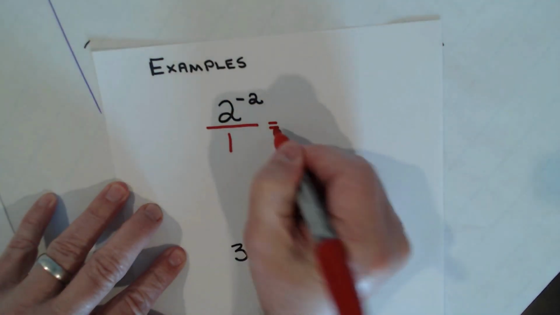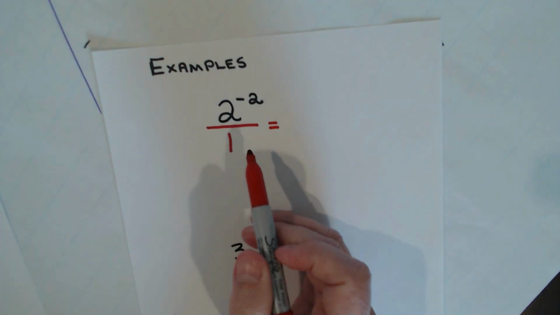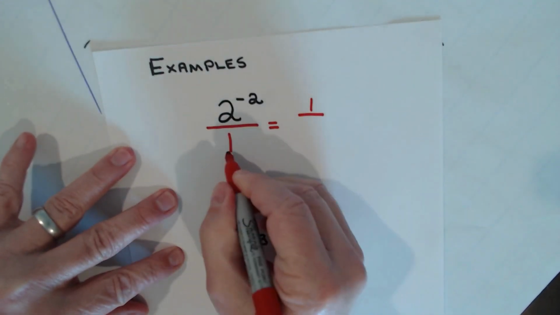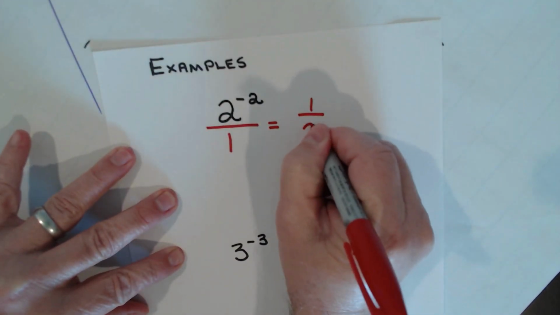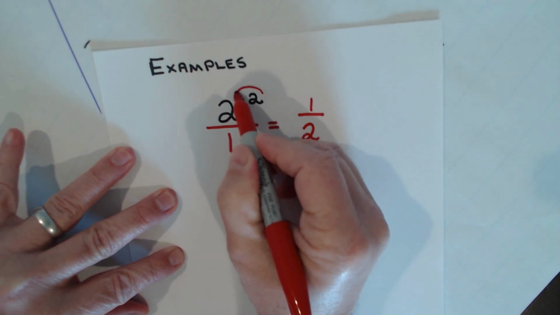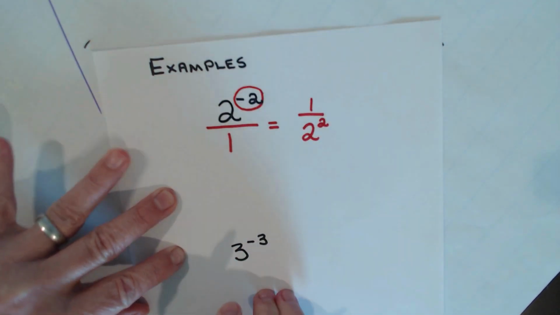I'm going to flip this fraction. I'm going to take the numerator and put it as the denominator, and the denominator as the numerator. So a 1 now goes in the top instead of the bottom. There's my base of 2, and I'm going to change the sign of only the exponent, like that.